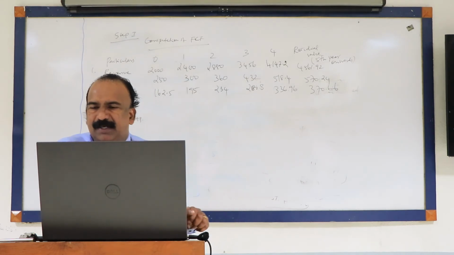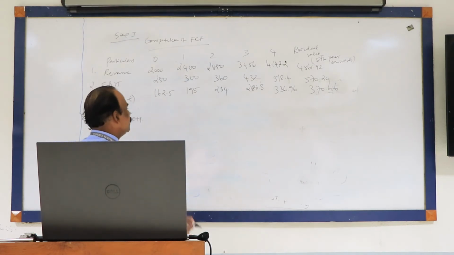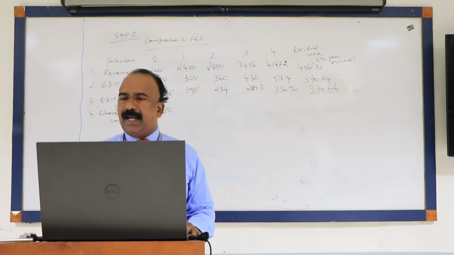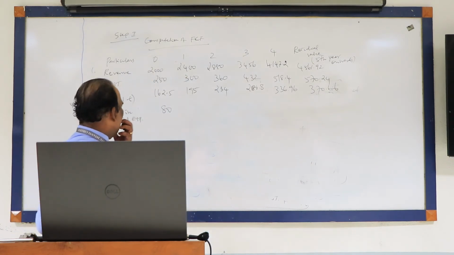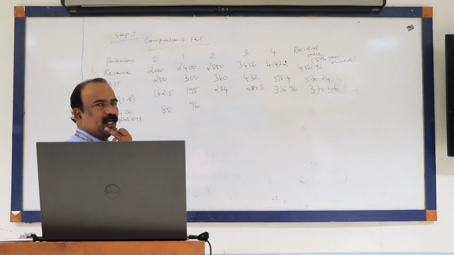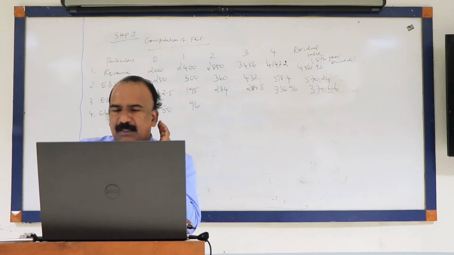So the net capital expenditure is 200 minus 120, that is 80.